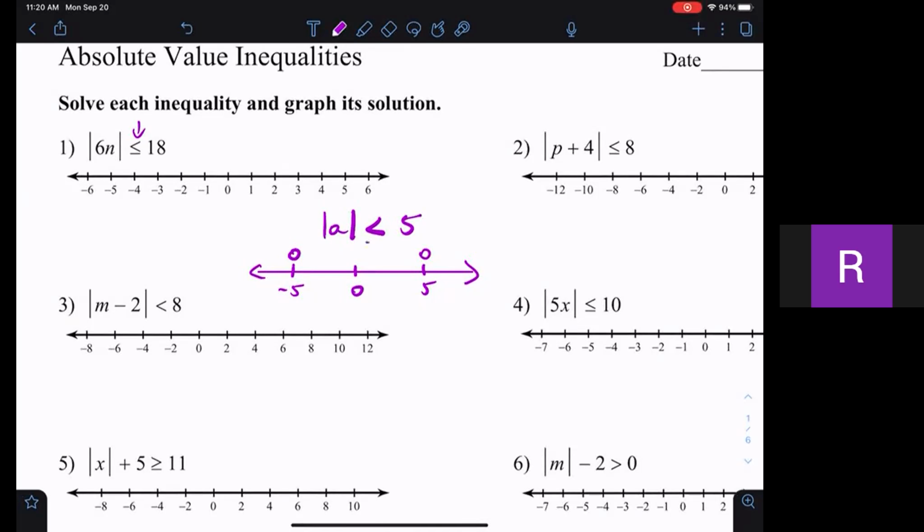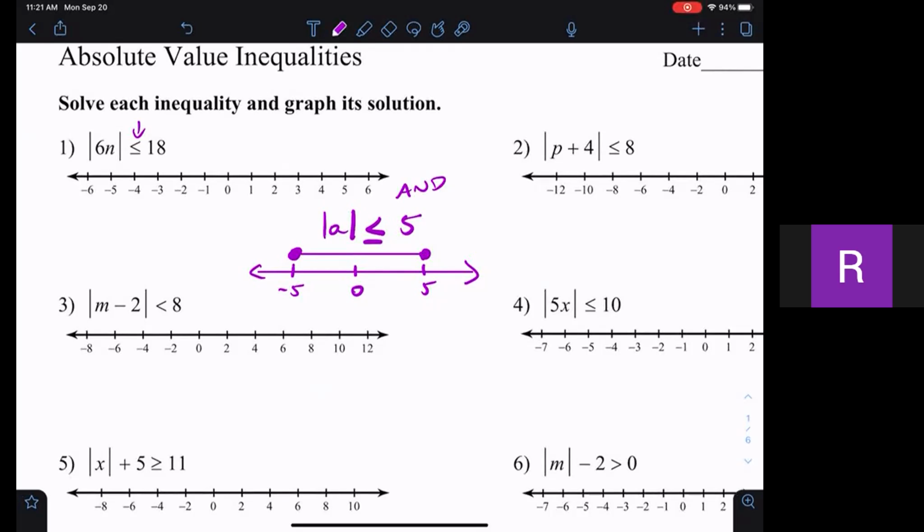Now, if this was like this, then you should include this, right? But again, it's the intersection between these two. That's what they are looking for. So this is an and statement, right?